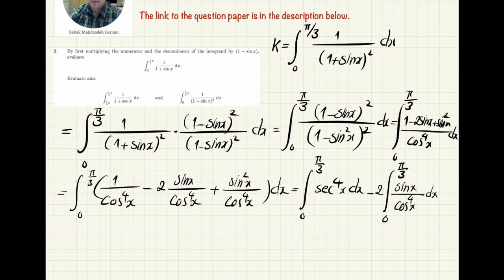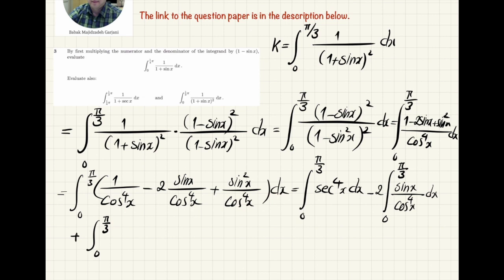And then the next one becomes plus integral from 0 to pi over 3. Here I have sine squared divided by cosine 4. But I borrow two of these cosines and give them to this sine squared. Sine squared divided by cosine squared becomes tangent squared.